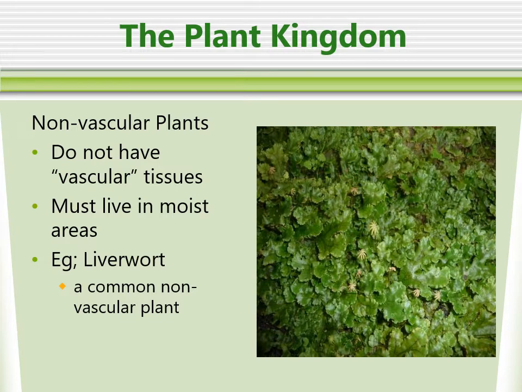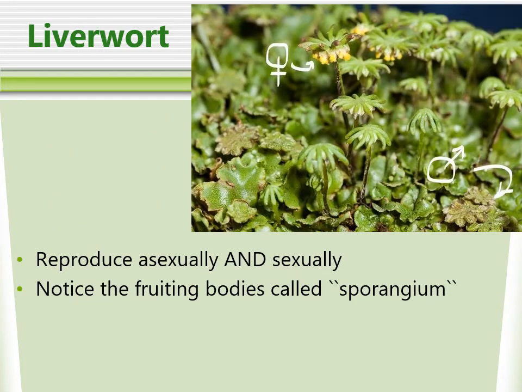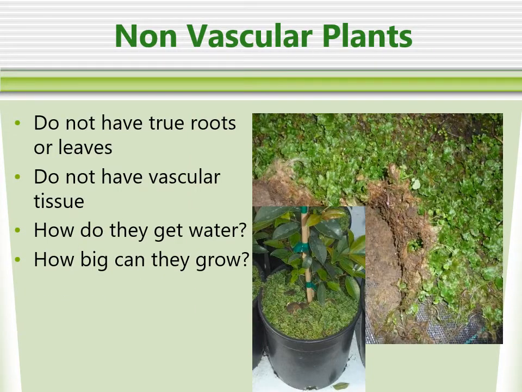It's called the liverwort, and they are fascinating ancient plants, fossils. They reproduce asexually and sexually, so they have fruiting bodies. These little palm tree things that you see here are fruiting bodies. They're called sporangium, and they produce structures that will help the plant reproduce.